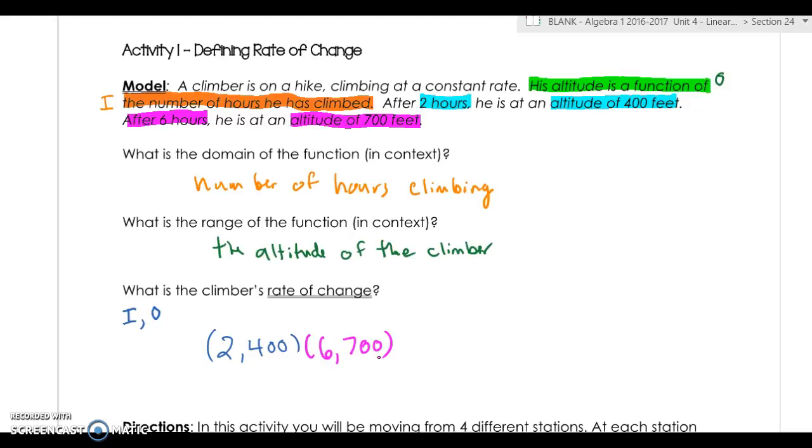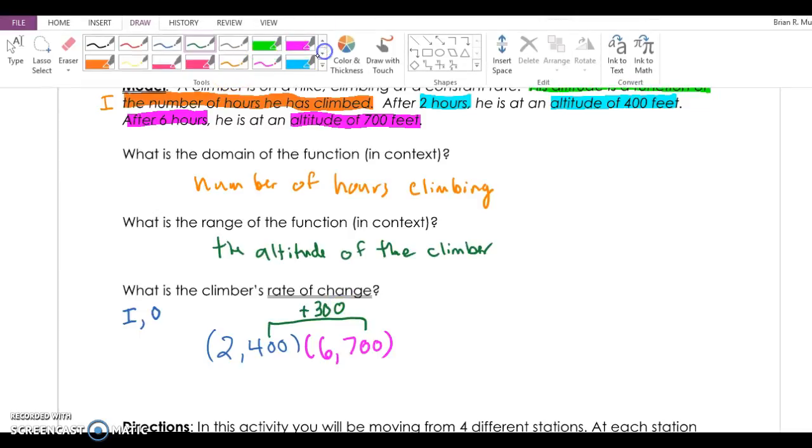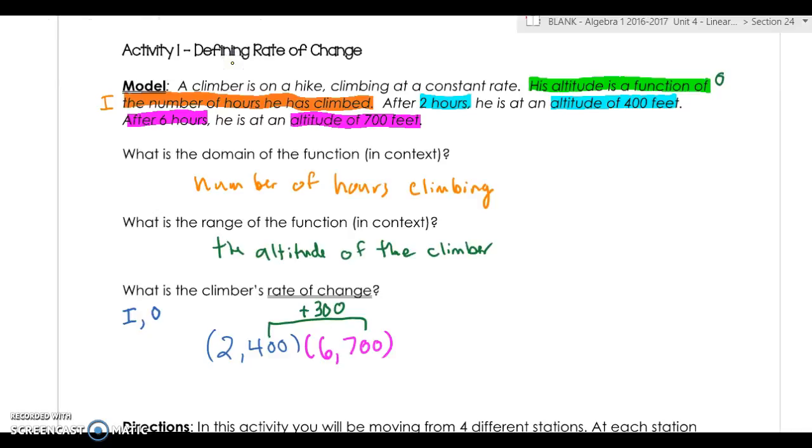Now to find the rate of change, I have to find how does the output change compared to the input. So let's take a look at what we have. The outputs are the second coordinates, so I'm going from 400 to 700, so that's a change of plus 300. And then I'm going to do the same thing for my inputs. From 2 to 6 is a plus 4. So again, rate of change is change in output over change in input.